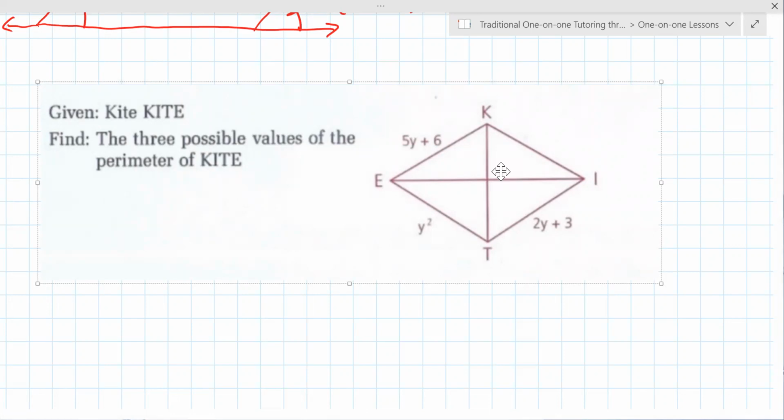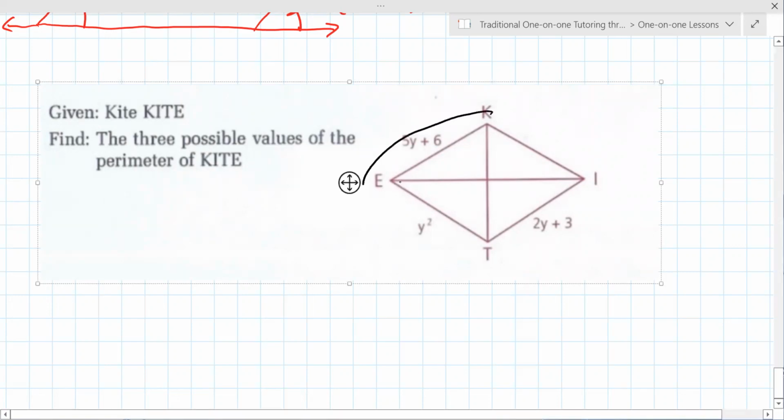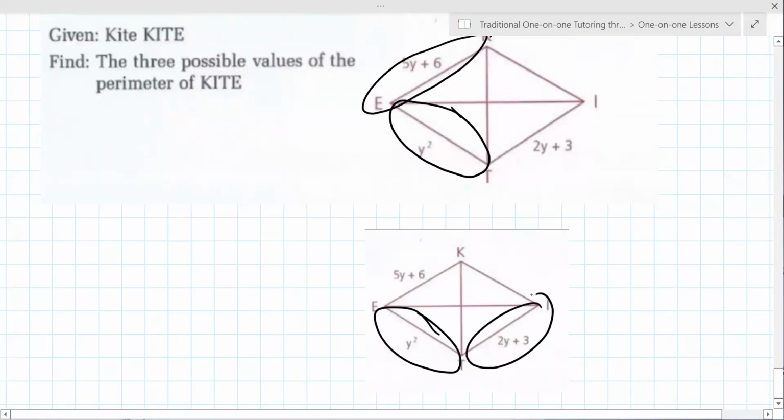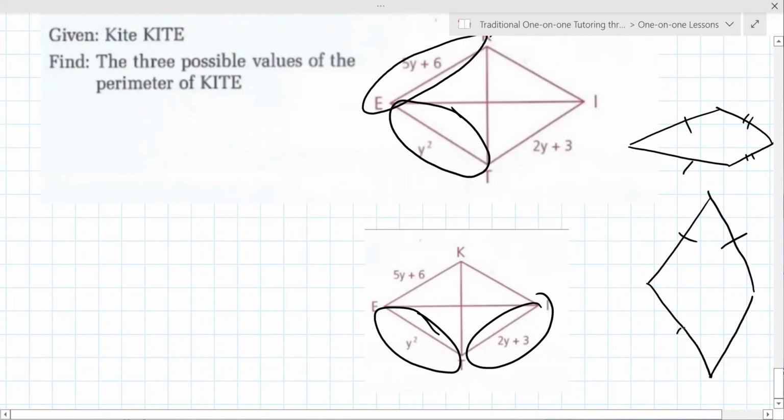So I think what they're saying is that it's either that EK is equal to ET, or that y squared is equal to 2y plus 3, because they don't tell you which sides are congruent. When the kite is more well formed, then you know that this is congruent to this and these are congruent to this, or you don't know if it's the other direction where these are congruent and these are congruent. So that's what it means by that.